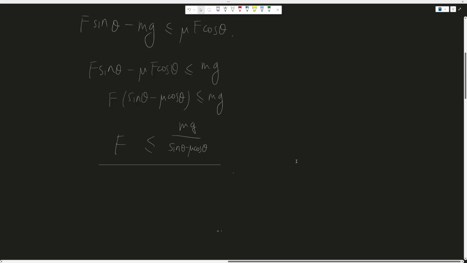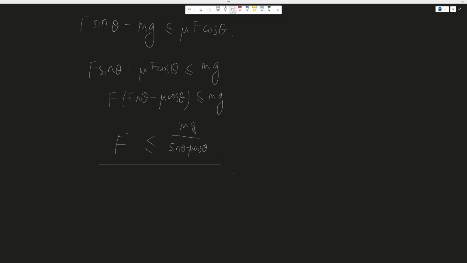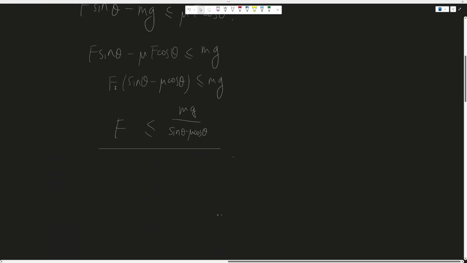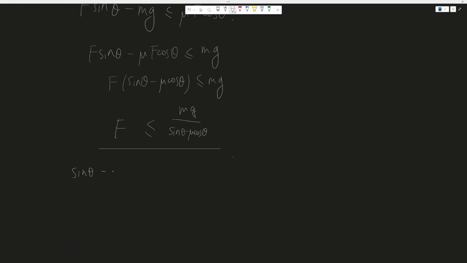So now we have the formula for the upper bound for F. And the question also asks us for a special angle that arises. That is when sine theta minus mu cosine theta equals 0, because this will make F blow up, and there will exist no force that can keep this book up. So let's divide by cosine theta here.